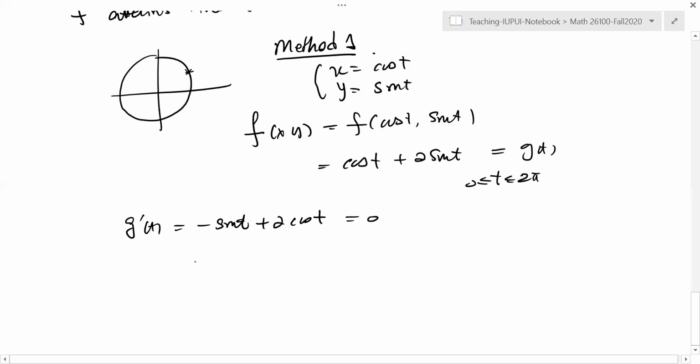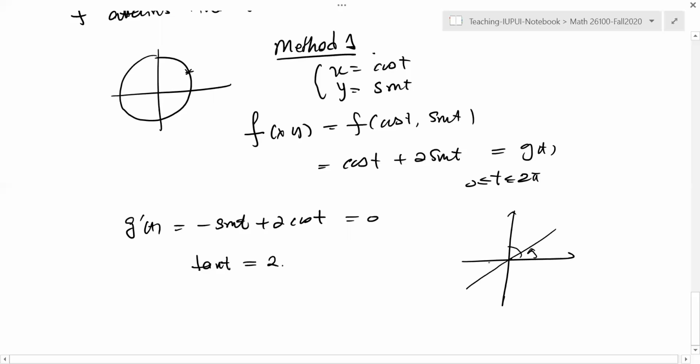Divide by cosine t and you get tangent t, which is sine t over cosine t, equals 2. For what kind of angle do you get a positive value? One is this one. Another angle is here, where both sine and cosine are negative.